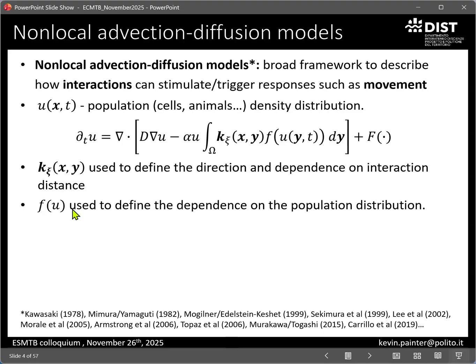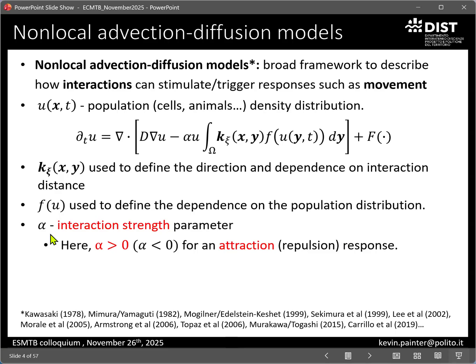A function f of u describes how the size of the population density influences this process. The key parameters that I'll particularly be talking about are the interaction strength parameter, alpha, where the sign of that reflects what type of response you get.